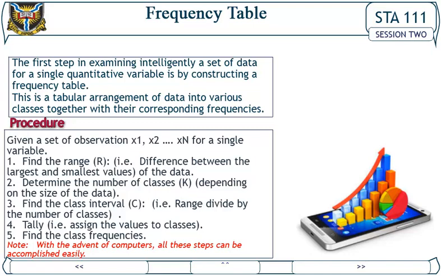Find the class interval C, that is, range divided by the number of classes. 4. Tally, that is, assign the values to classes. 5. Find the class frequencies. Note, with the advent of computers, all these steps can be accomplished easily.